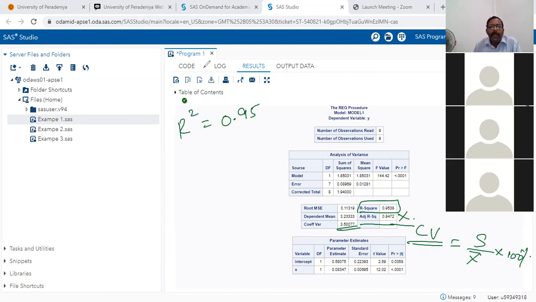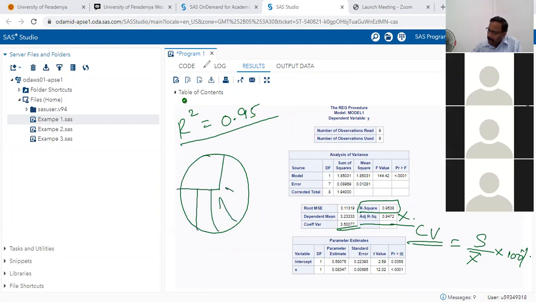I will show it. Can you remember what R square says? This is the total variability. In percentage, this is 95%.